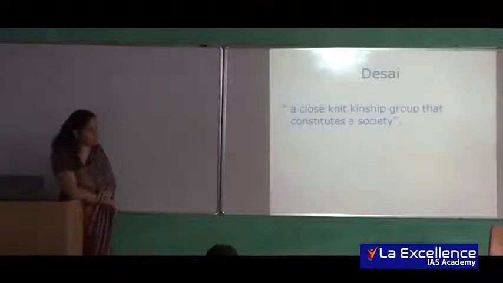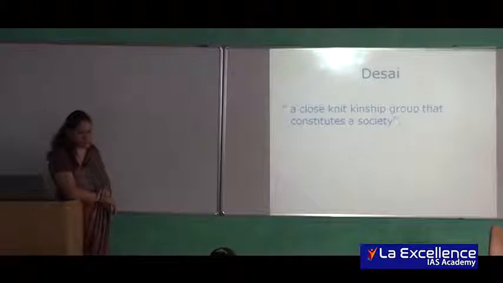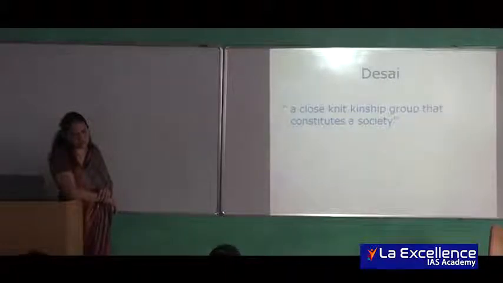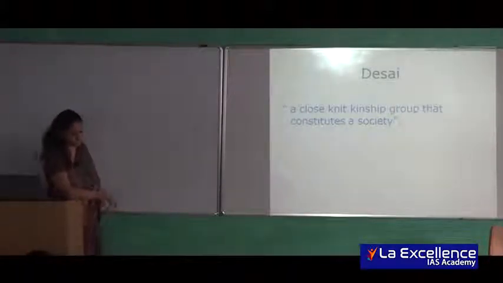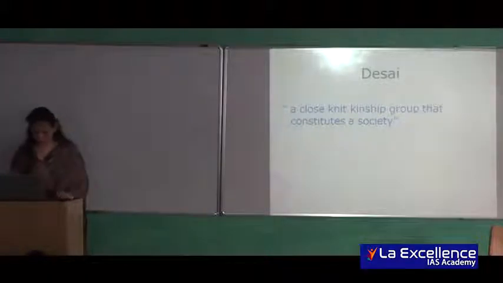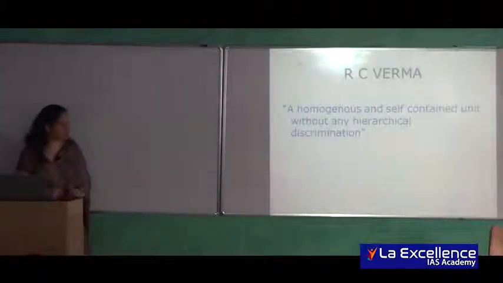Tribe is a close-knit kinship group that constitutes a society, all the more confusing. Very close kin group that constitutes a society. There are a couple of others.